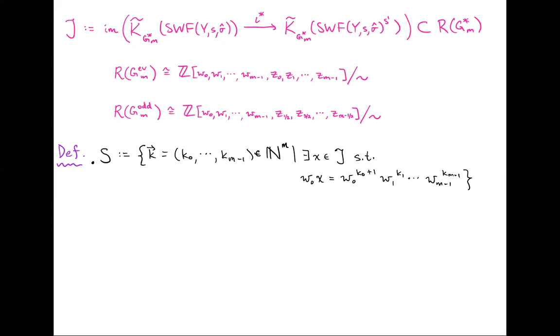If x is just that monomial in the w_i's with those powers, then clearly w0 just moves that up by 1. Basically this multiplication by w0 collapses these z variables onto the w variables, and so it gives you a nice concrete part of the representation ring to work with. And it gives us a sort of semi-infinite lattice inside of N to the n.